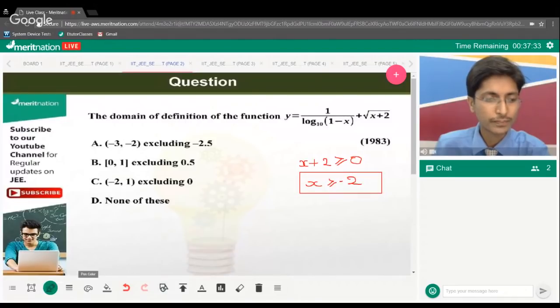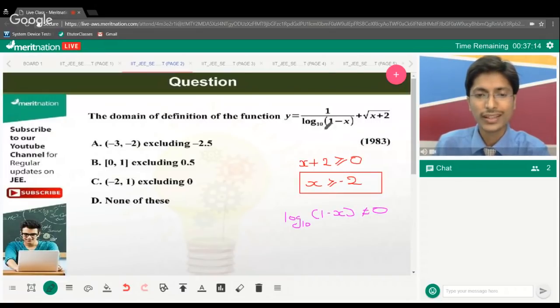So practically, I want log to the base 10 of (1 minus x) should not be equal to 0. Why? Because if it turns 0, then it will be 1 upon 0. So 1 upon 0 is not defined.